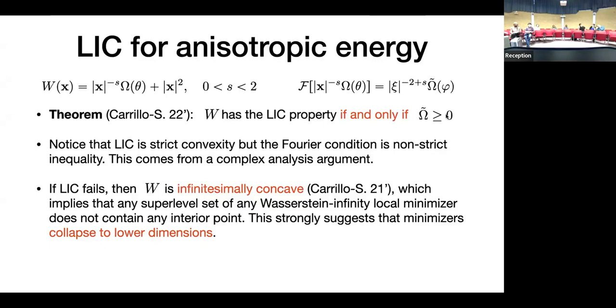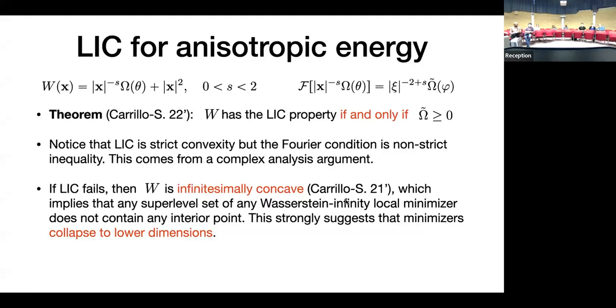And also, we can get more information in the case where LIC fails. Actually, what we can prove is that if LIC fails, then W immediately starts to have the so-called infinitesimally concave property, which was a concept we proposed in an earlier work.